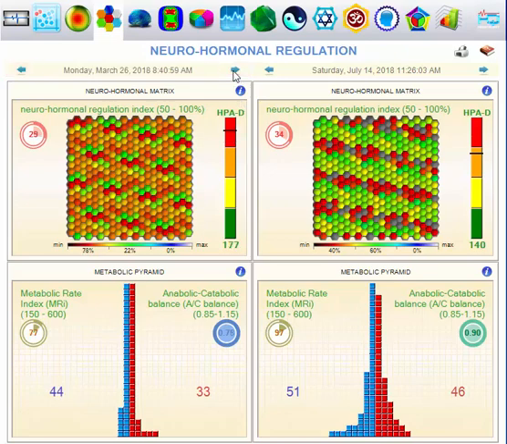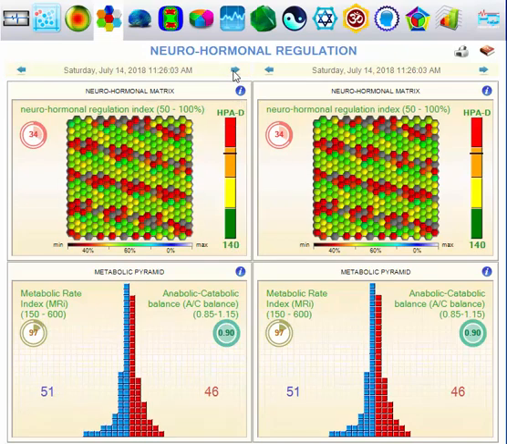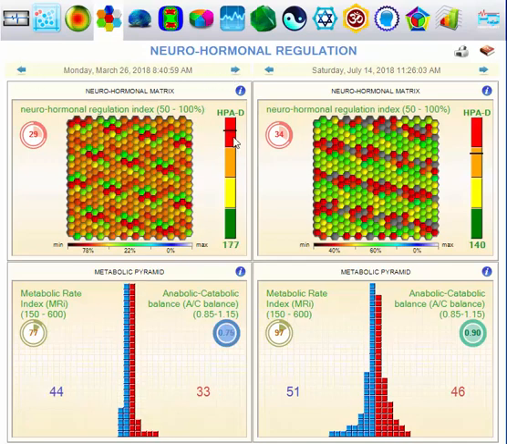This is good information, we see it starting to perform. Comparing the previous one and today, the HPA axis distortion dropped from 177 to 140, so it's much better than the previous one.